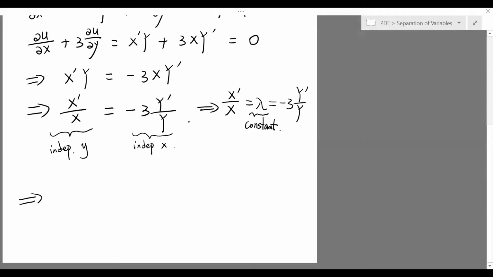Upon this, we successfully reduced the partial differential equation problem into a problem of two ordinary differential equations.